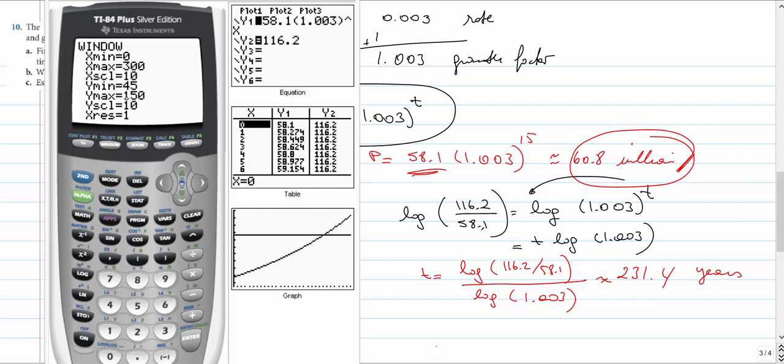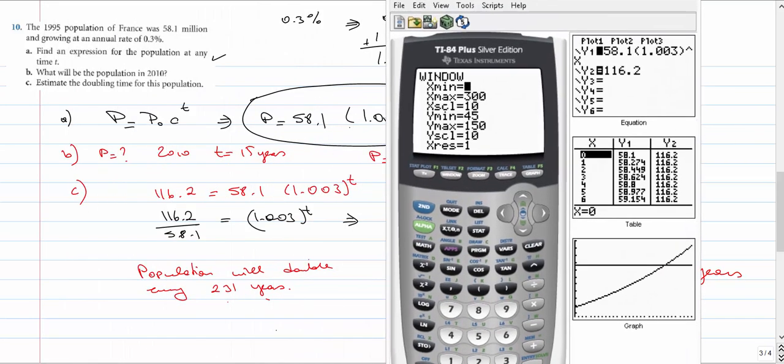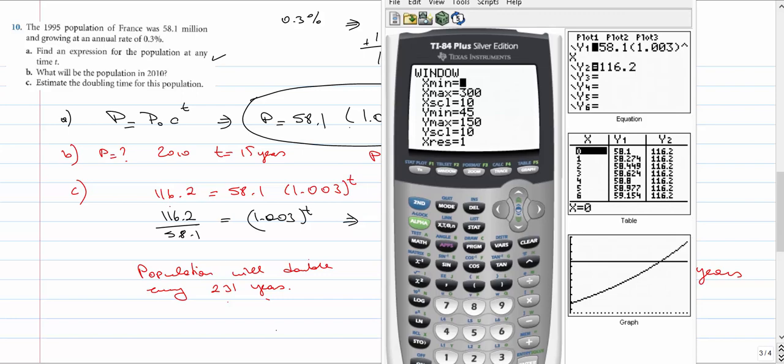You can choose different increments. Y min is 45. Because original is 58, I took a number less than 58. And the Y max, I went up to 150 because doubling population is 116, so I picked a number greater than 116 and increments of 10, and I graphed it.